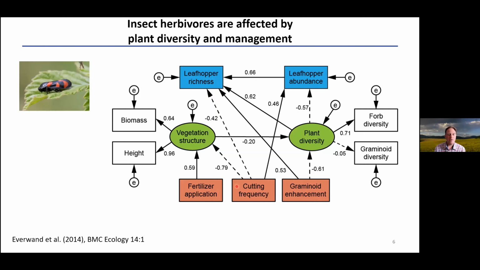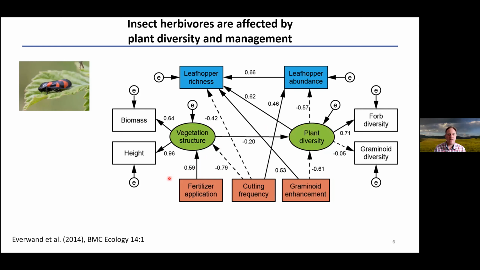And what you can see here is that there are only a few direct effects on the leafhoppers, but also lots of indirect effects that are mediated by either vegetation structure or plant diversity.